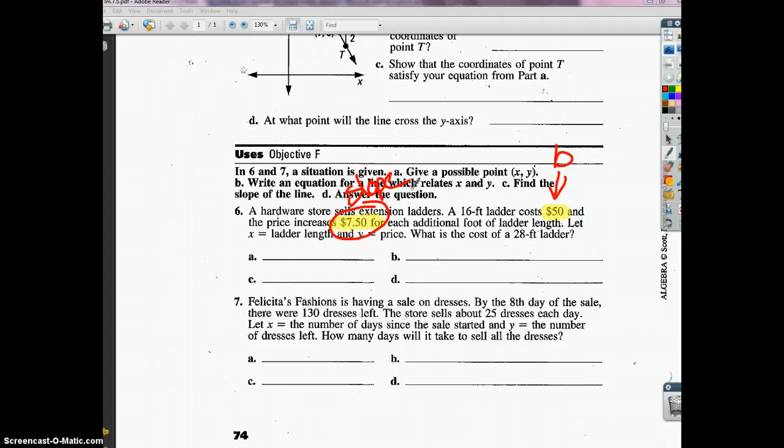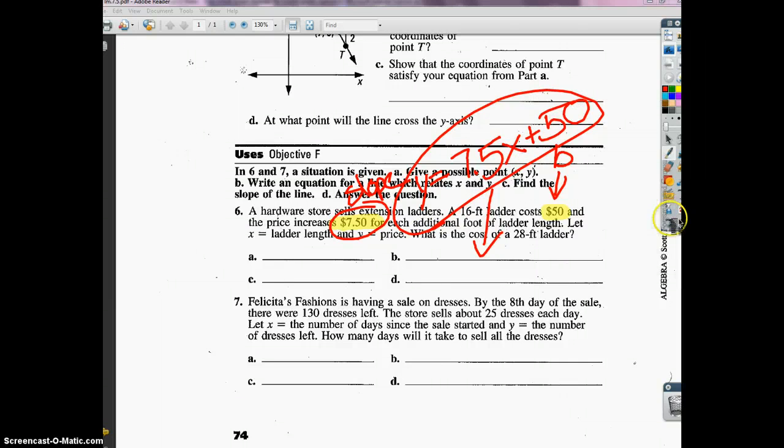So your equation should come out to be y equals 7.5x plus 50. And that actually is what your b is.